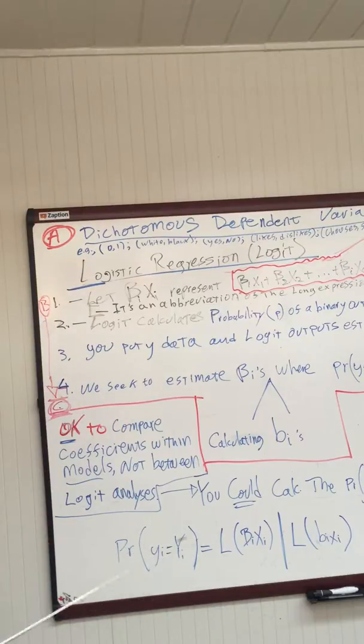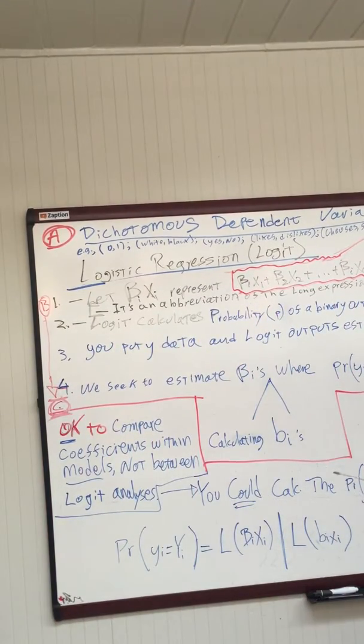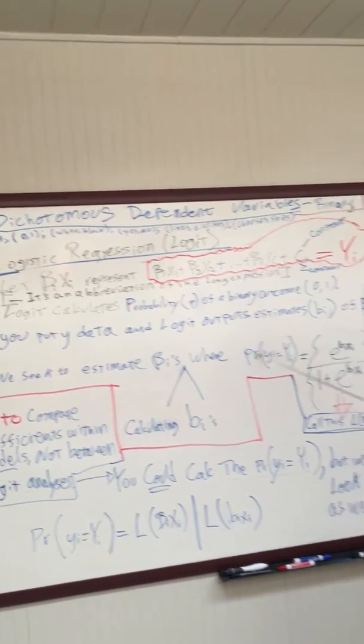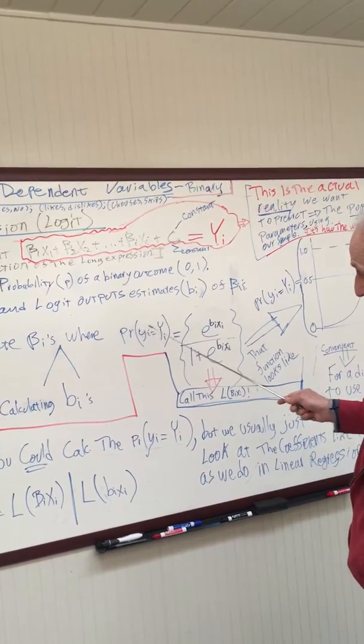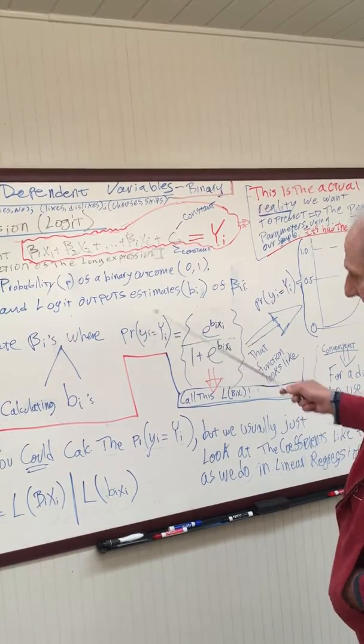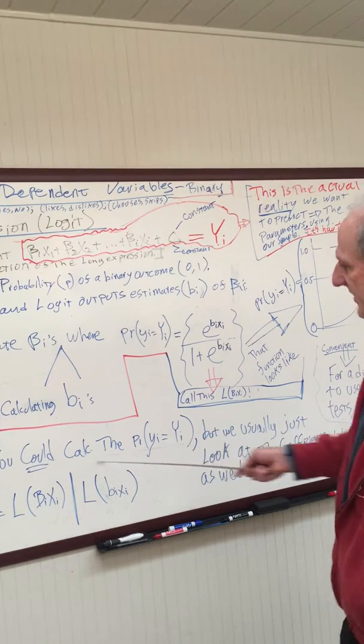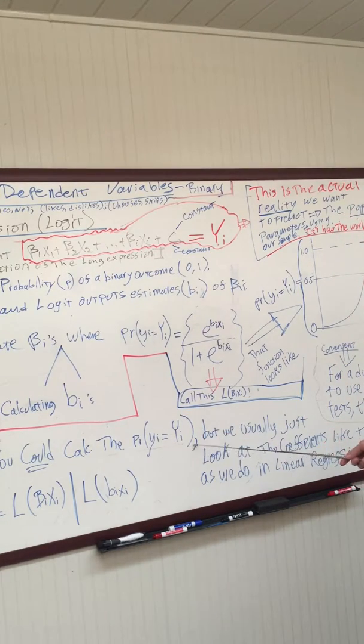All right, so given that, let's think about the question of the probability of our model being good, which is essentially the probability of our estimated outcomes equaling our actual outcomes in the population. We could calculate that probability and we get a number between 0 and 1, but we usually don't.